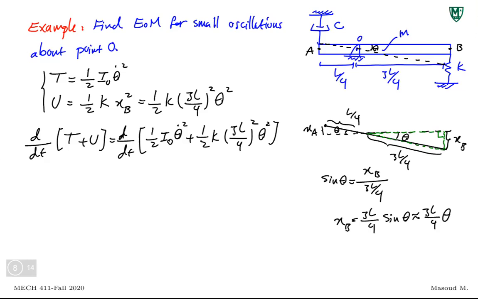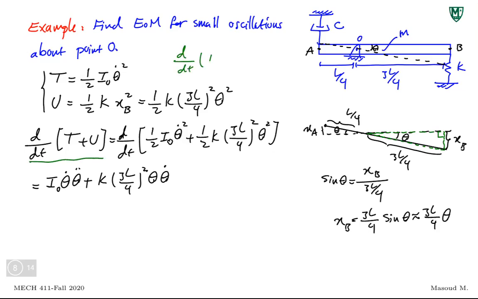So if I do this calculation, this expression gives me I-O theta dot theta double dot, and the other one gives me k (3L/4) squared theta theta dot. This is what I got for this part. Right? This is what I'm looking for.